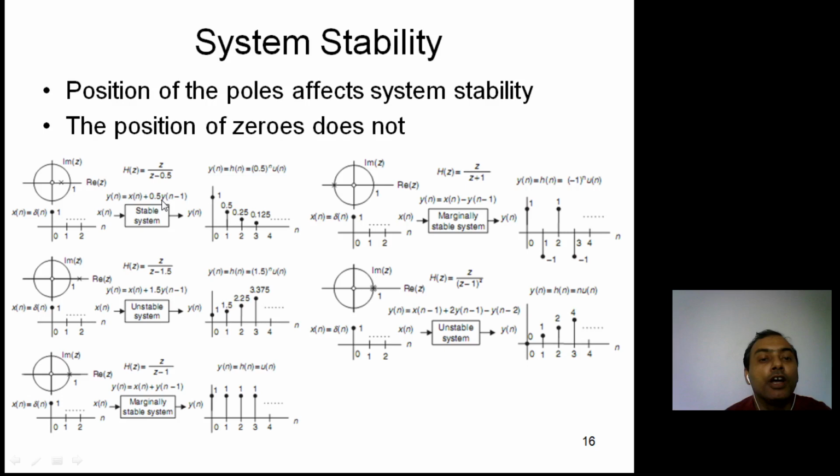How? Because there is only one pole, and that pole lies inside the unit circle. So the pole is inside the unit circle, and this is stable.